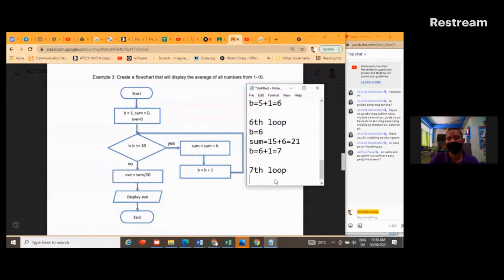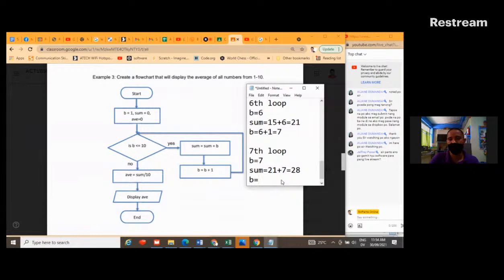Seventh loop, and for our seventh loop, B equals 7. Sum equals sum, what's the value of sum? 21 plus, okay, 21 plus 7, that is equivalent to 28.